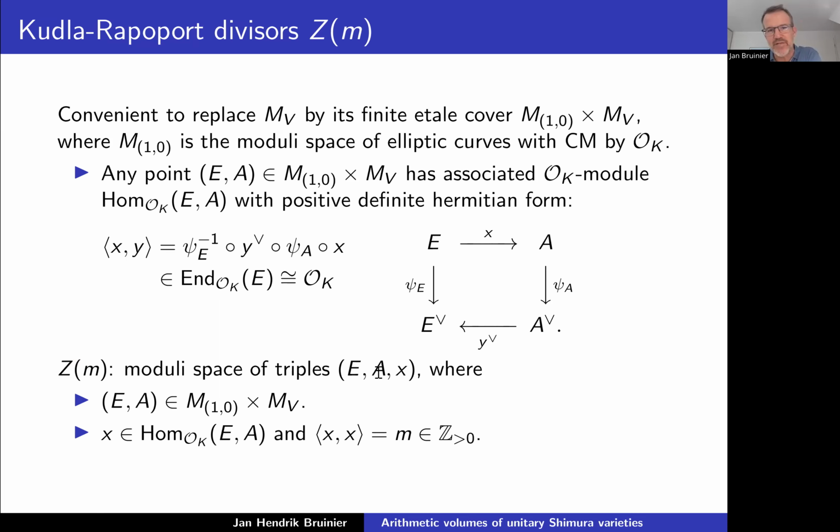So we have an E, we have an A, something in this product here, together with an element x of this Hom space, which should have norm m. And the locus of these triples gives a divisor on the moduli space. And this is the Kudla-Rapoport divisor of discriminant m.